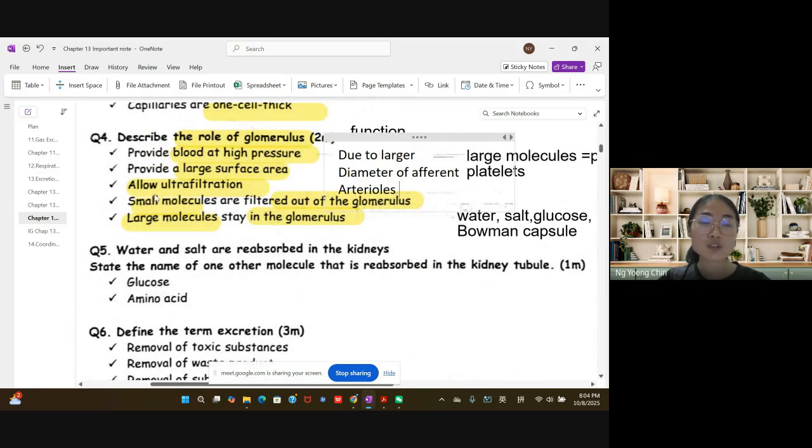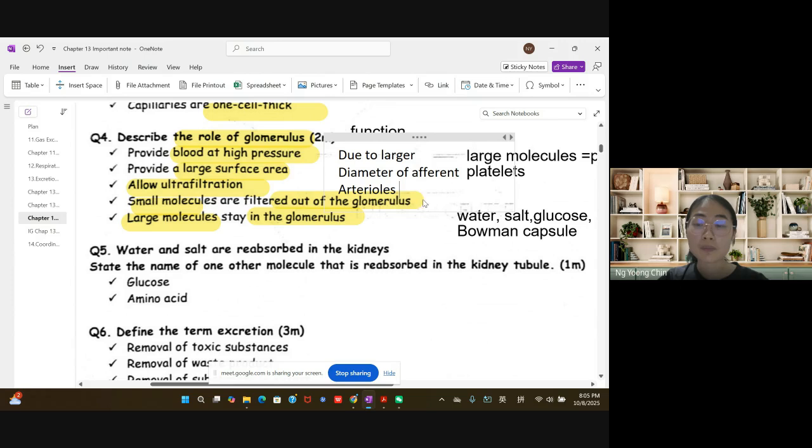Ultra means very fine, very small particles. Filtration means you filter the particles. So the small molecules are able to filter out of the glomerulus and enter into the Bowman's capsule. Only the large molecules stay in the glomerulus, and then go back to the efferent arteriole.